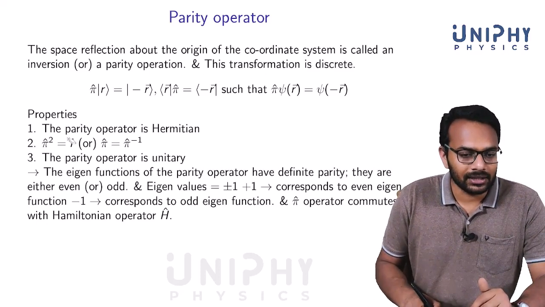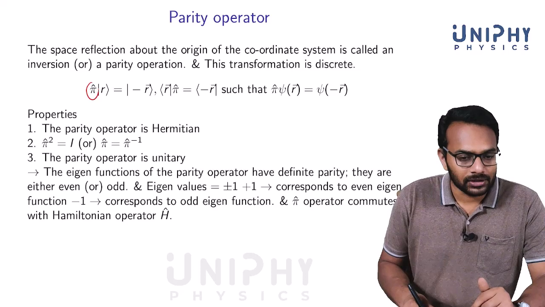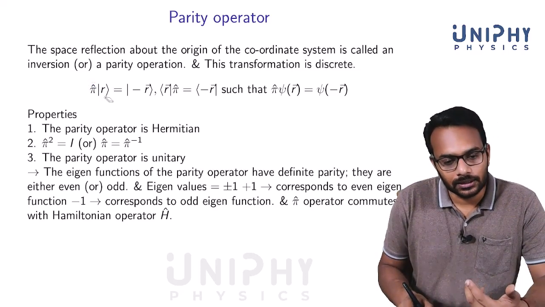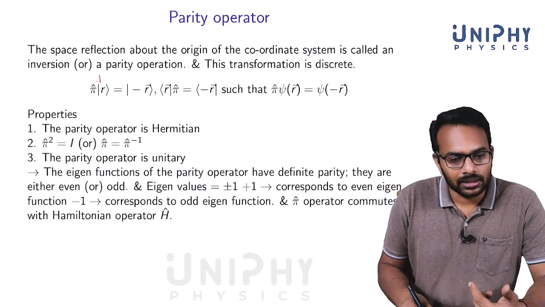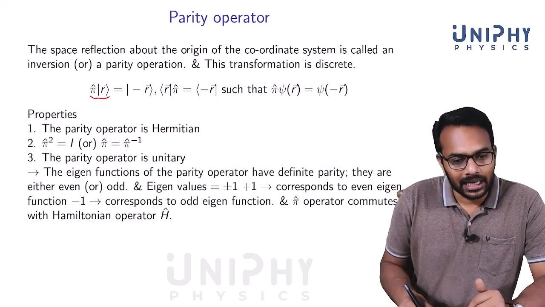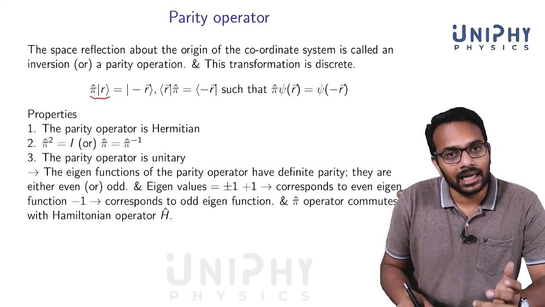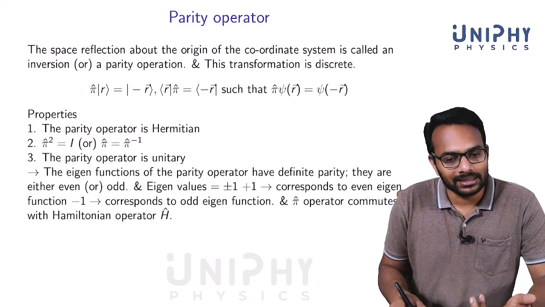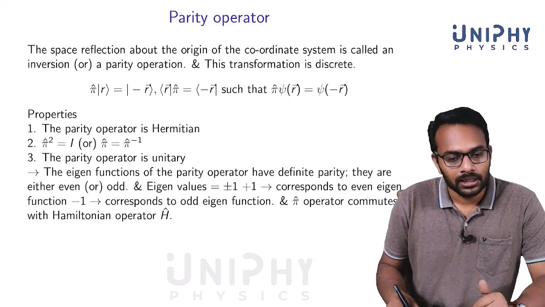Now we define the parity operator based on its action on, let's say, the position eigenstate. The parity operator acting on the position eigenvector R will invert it. It will give you the minus R vector, and it's true also in the opposite direction.